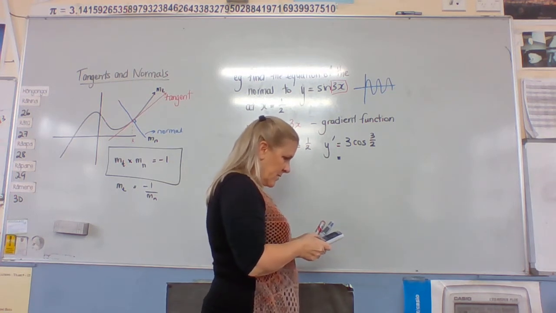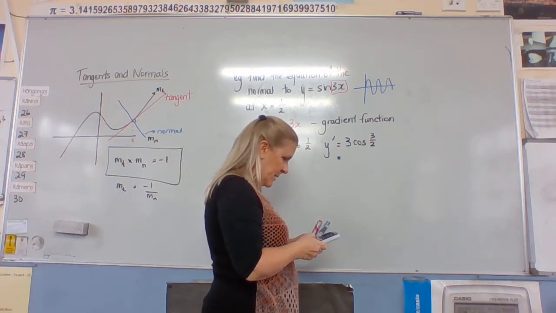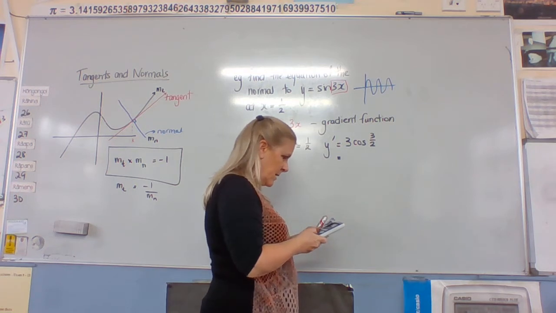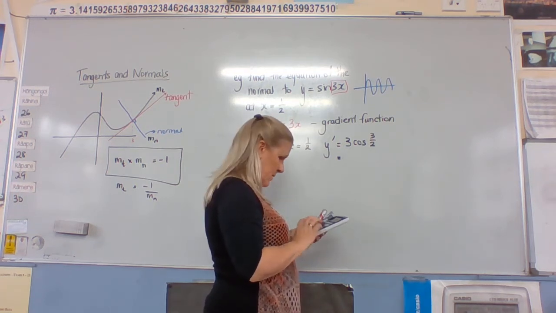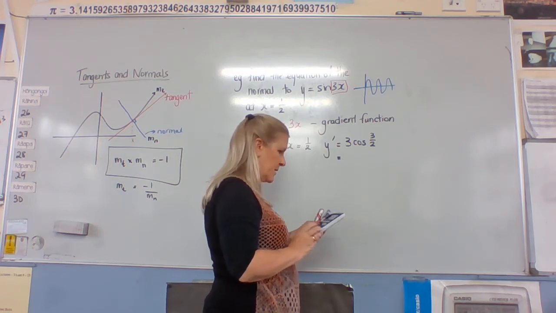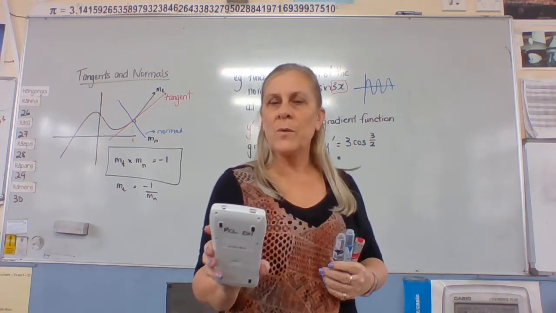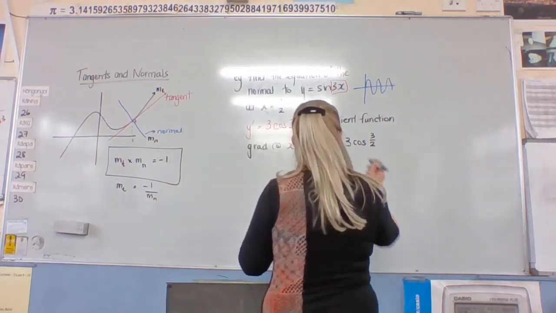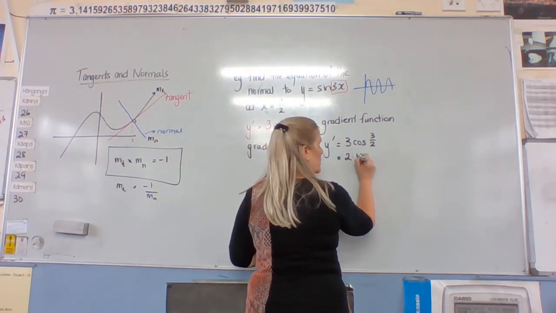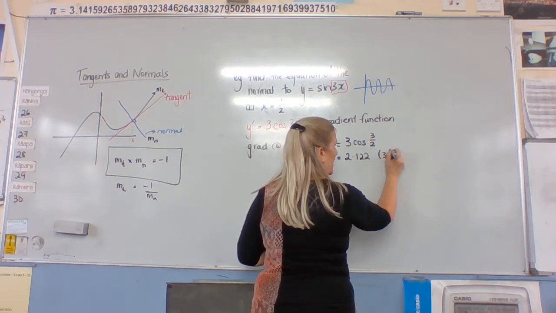So just check it's in radians first. Yep, so 3 cosine 1.5 equals. I get 0.2122. Anybody want to agree? Good. 2122 to 3 dp, that'll do me.